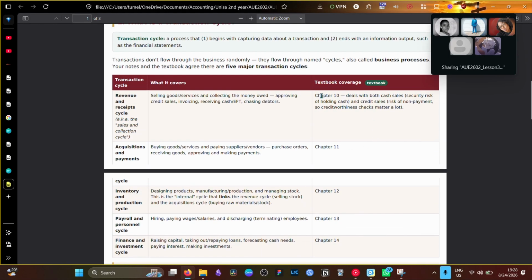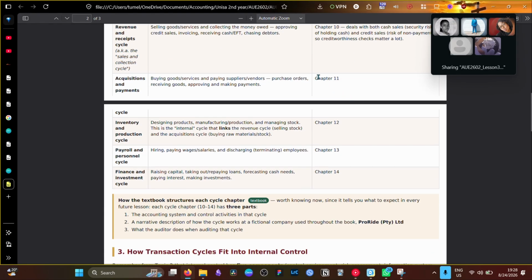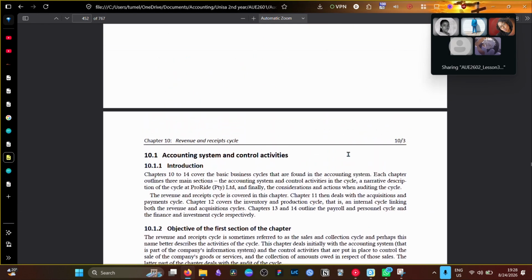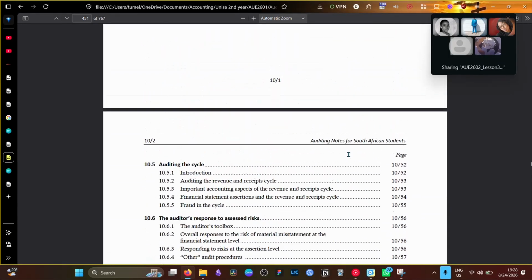This is where you can find it in your auditing notes: chapter 10, chapter 11, chapter 12, chapter 13, chapter 14. In fact, I was looking at it right here.